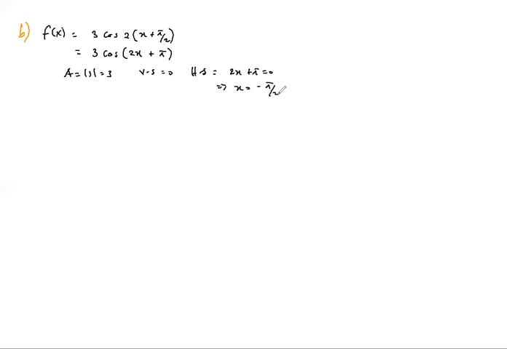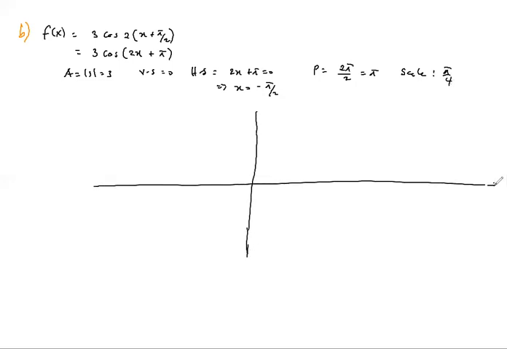So pi over 2 to the left. The period is 2 pi over 2, which is pi, and so the scale will be pi over 4. And then you should be able to sketch it. So that is pi over 4, our scale.